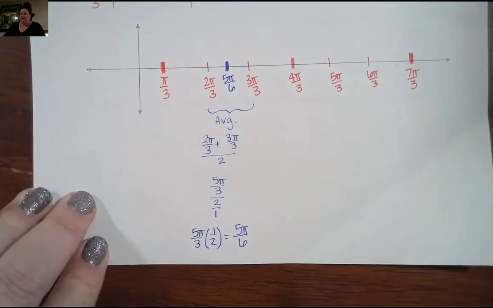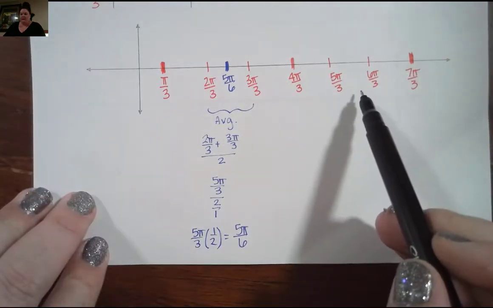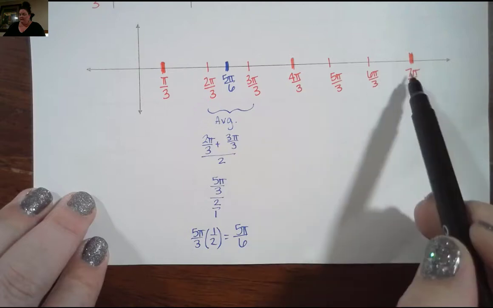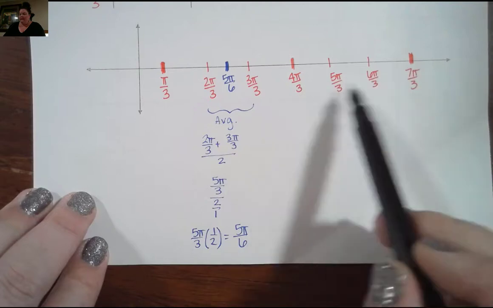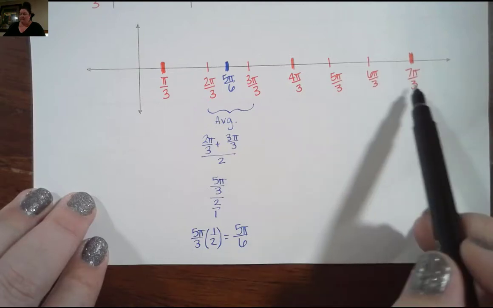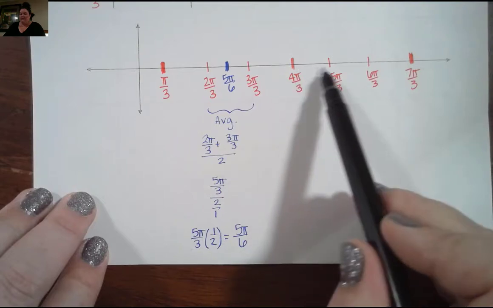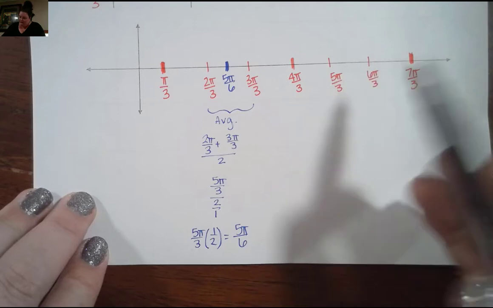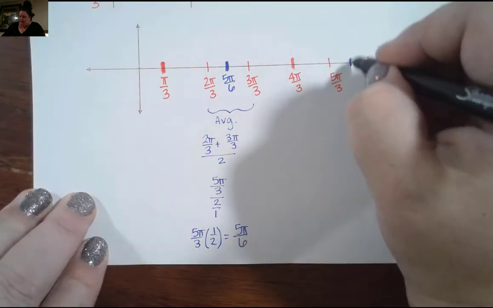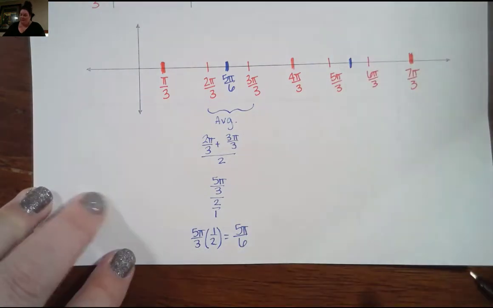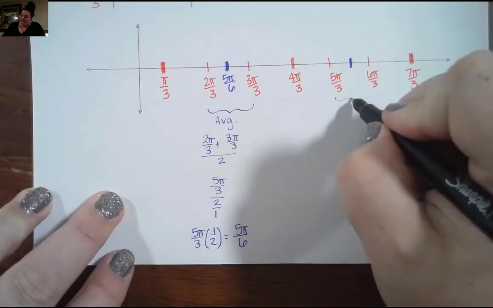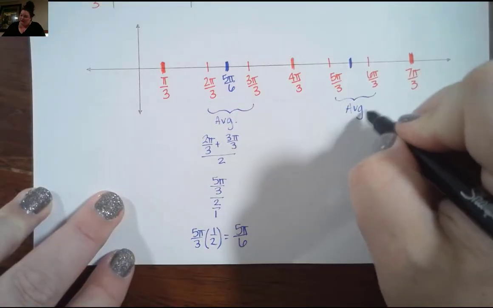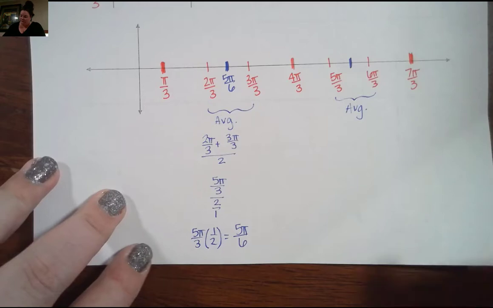Okay, and then notice we have the same problem on this other side, right? If I try to find the absolute middle between 4 pi over 3 and 7 pi over 3, if I come in a pi over 3 on each side, that puts me at 5 pi and 6 pi, but then I'm still going to need to know that absolute center point to come up with my other point. So while I'm down here, I'm going to go ahead and average these values as well.